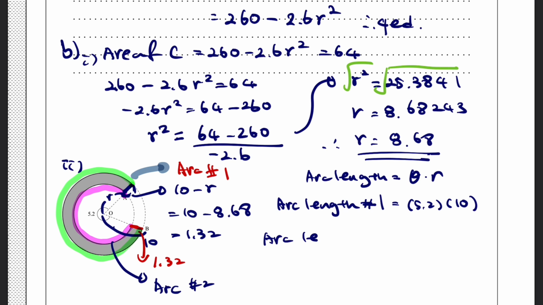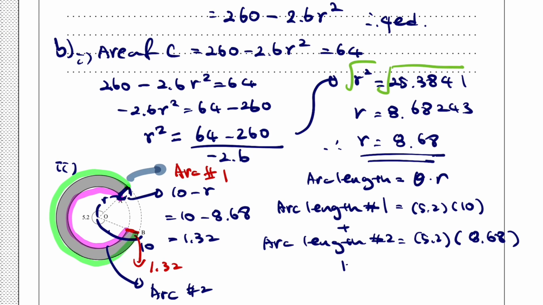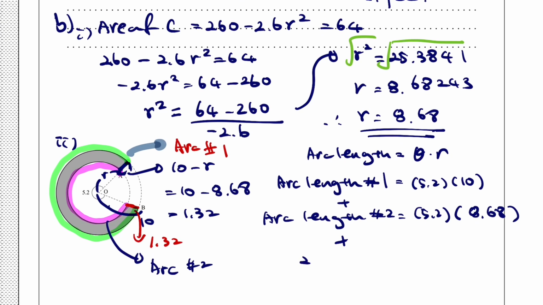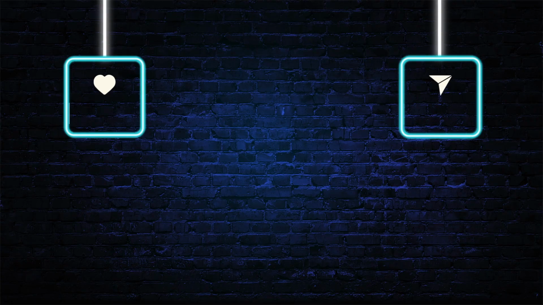The arc length number 2 is angle 5.2 times the r value, 8.68 from question B(i). Then adding arc length 1, arc length 2, and the two side parts gives us 99.776. So the perimeter of the C is 99.8.